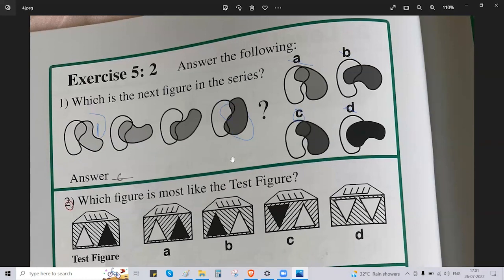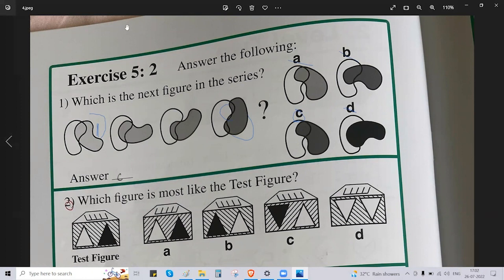Now please try the second question. It says which figure is most like the test figure. So the shading is like this, and we have this.